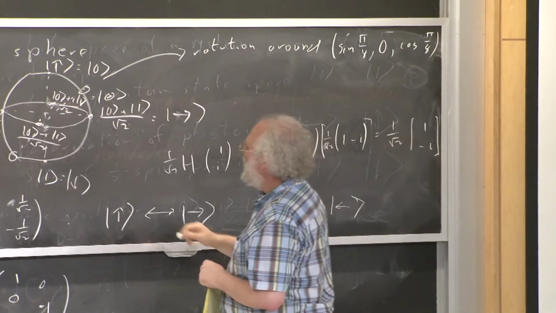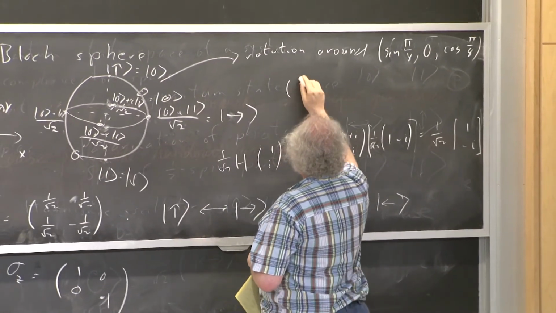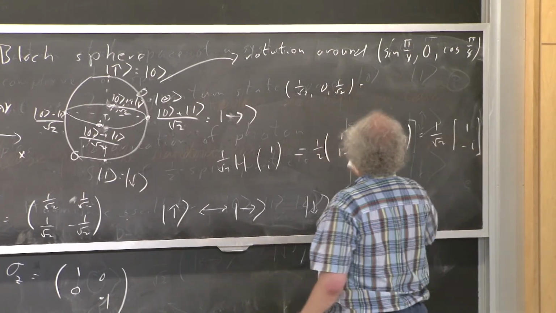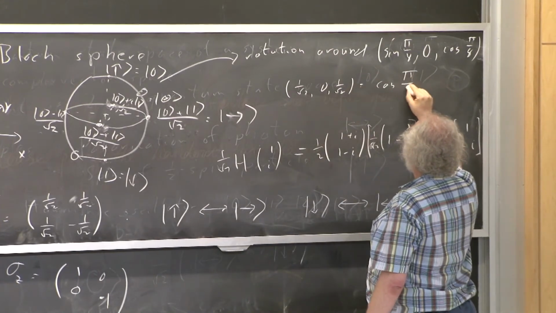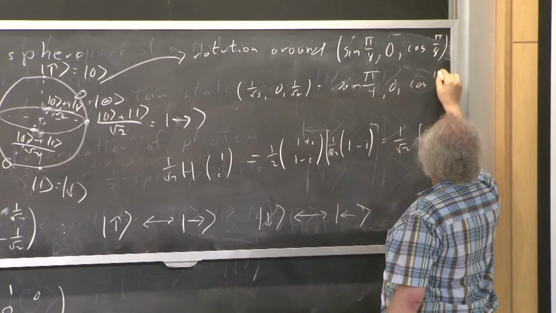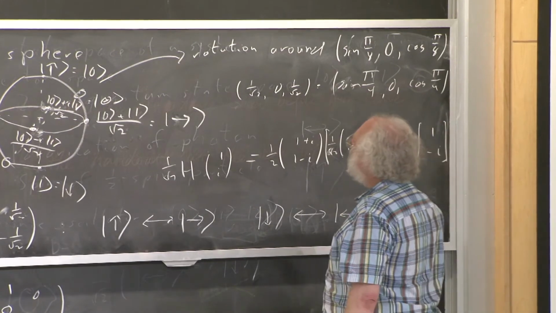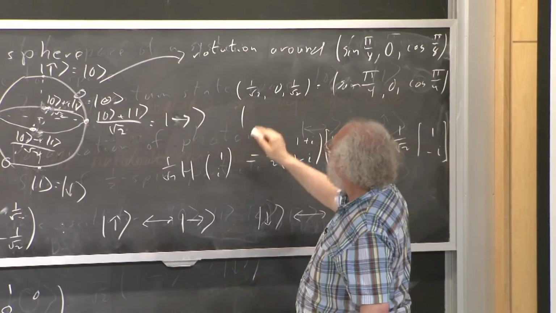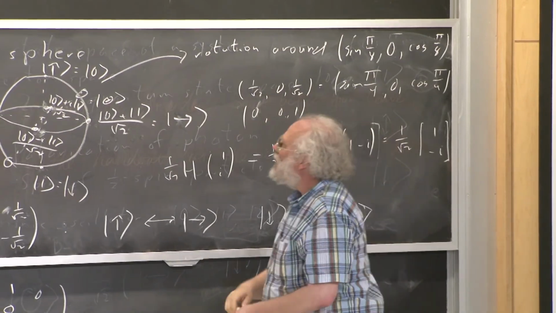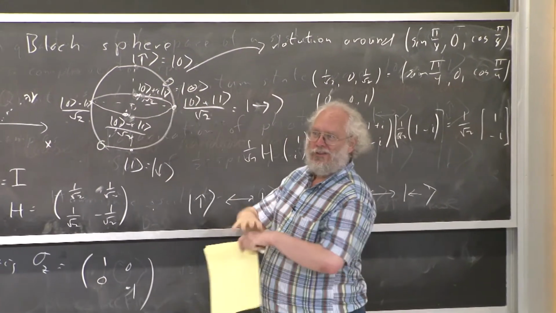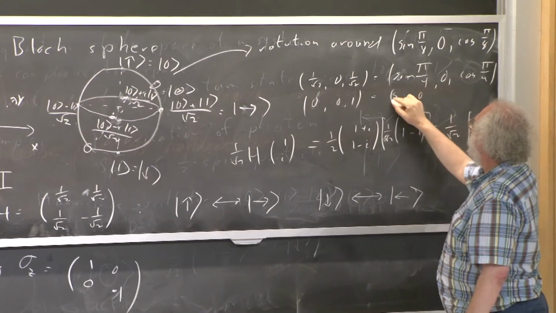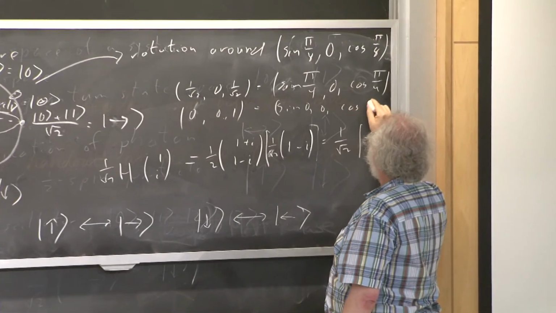So 1 over root 2, 0, 1 over root 2 is cosine pi over 4, sine pi over 4, 0, cosine pi over 4, and 0, 0, 1, which is this point in, I guess, Euclidean coordinates, is sine 0, 0, cosine 0.